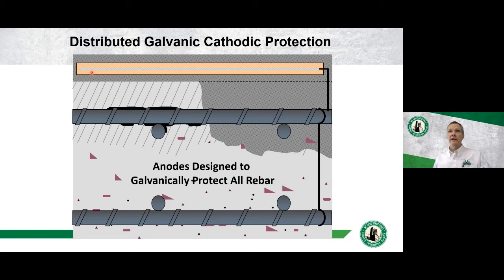And the intent here is generally not just to protect a localized area where you have a localized incompatibility, like in a patch repair situation, but to protect the whole section and all of the steel within that footprint. And the design for this is going to be a little bit different. You have to look at all of the steel, and you have to look at generally a higher level of current in order to provide that protection.